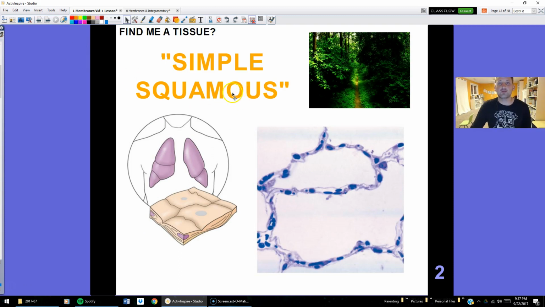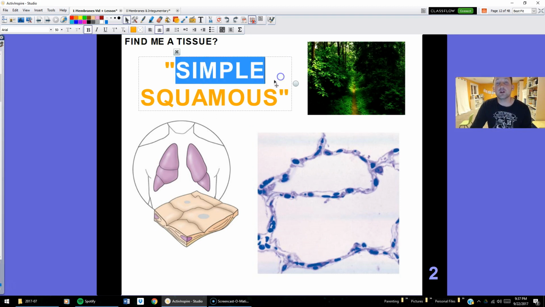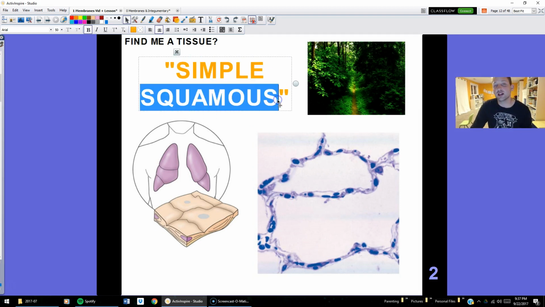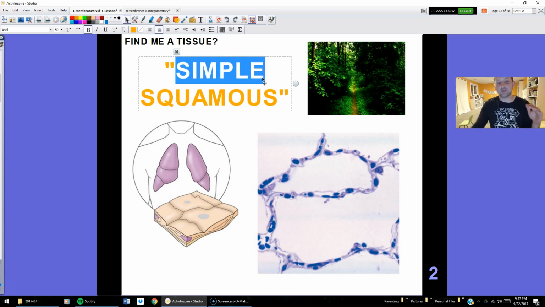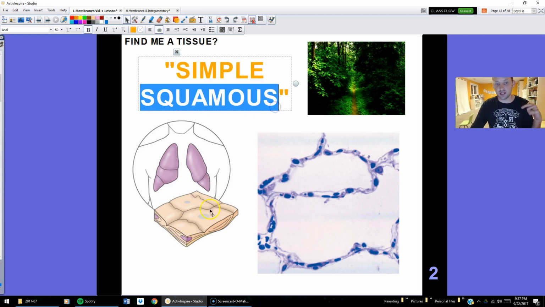One tissue type that I find particularly interesting in the serosa, within that membrane, is simple squamous. Simple squamous, can you guys guess what that means from the last tissue type description? Simple meaning one layer, so this is a single layer of cells. Squamous meaning squashed cells.